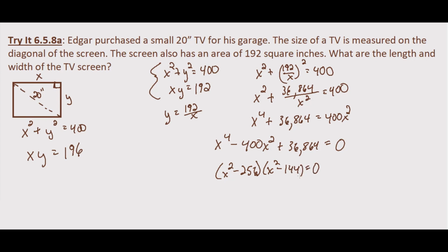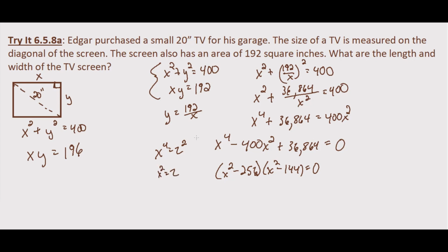Now, if you didn't figure out that this would factor, you could always use the quadratic form. In other words, substitute z in place of x squared, so that if you had x to the fourth equals z squared, that means that x squared would equal z.